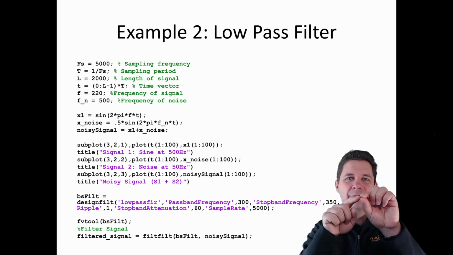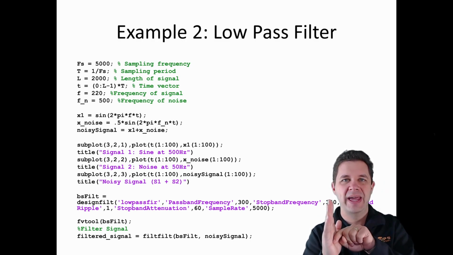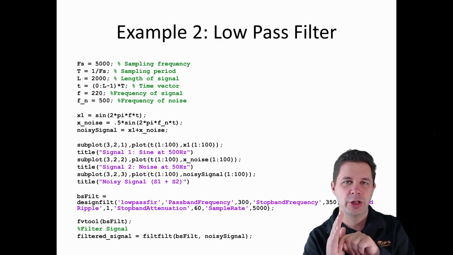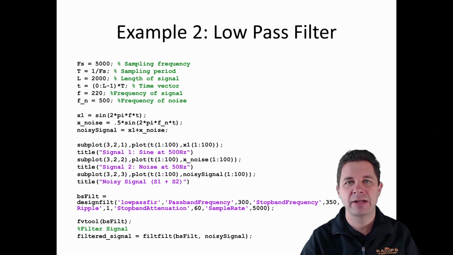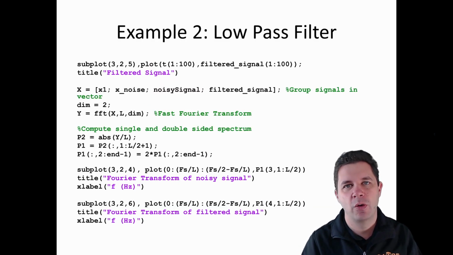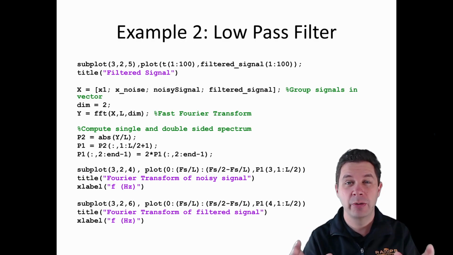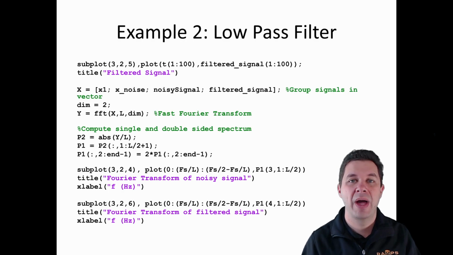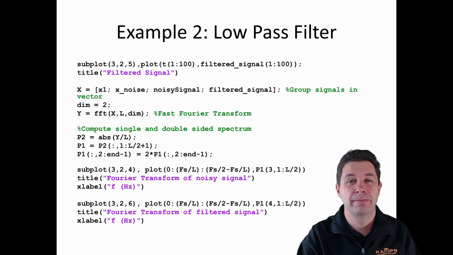So at 300 Hertz, we'll start attenuating, and by 350 Hertz, that will be the bottom level of our attenuation, where we're bottoming out. We then apply that tool to the data, and then we need to do our Fourier transforms as well and show what our frequency spectrums will look like before we remove the noise and after we remove the noise too.